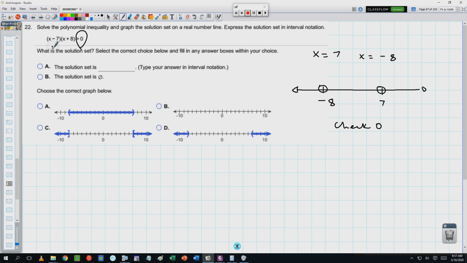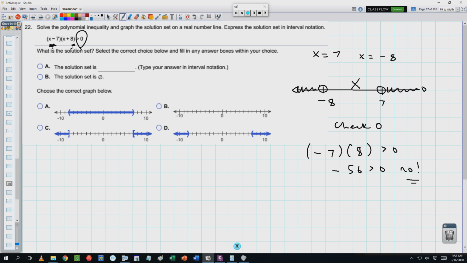So 0, take away 7, it'll be negative 7. 0 plus 8 is 8. Is that greater than 0? Well, this will be negative 56 greater than 0? No. So we will avoid 0. So we will shade to the sides.